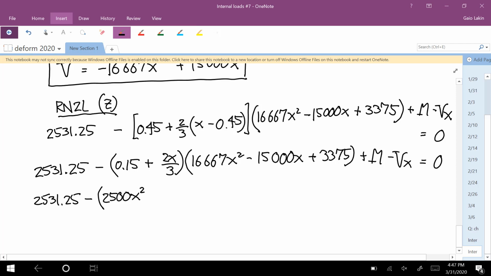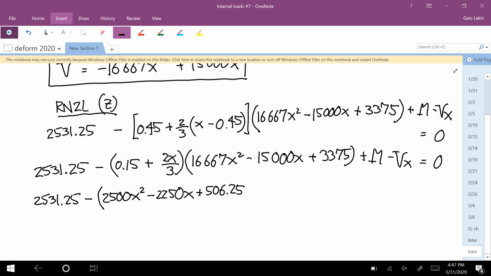So that is an x squared. The second term is a minus 2250 x. The third term, 0.15 times 3375, is a positive 506.25. And now I've multiplied everything by the 0.15. Now I have to multiply everything by the 2x over 3.